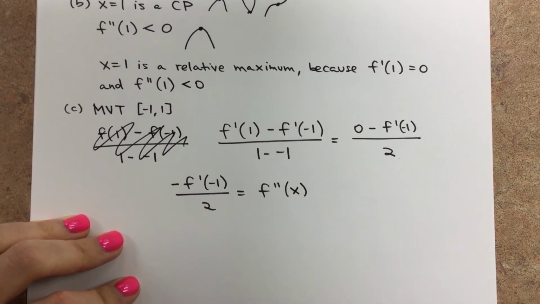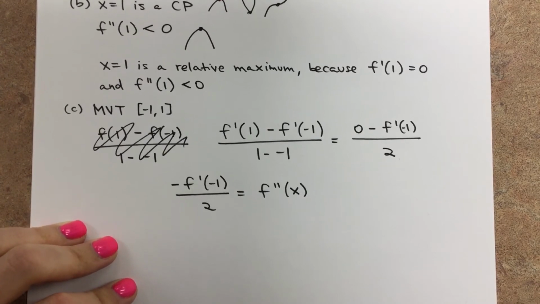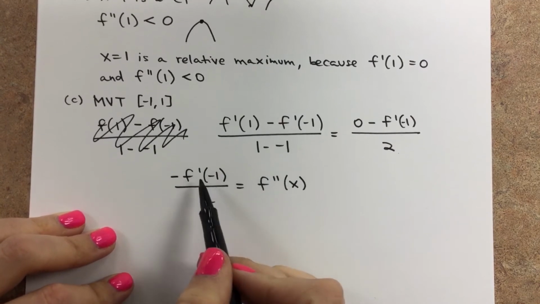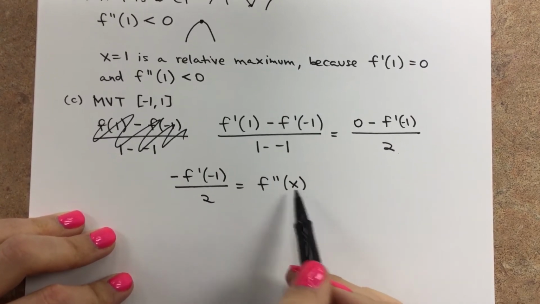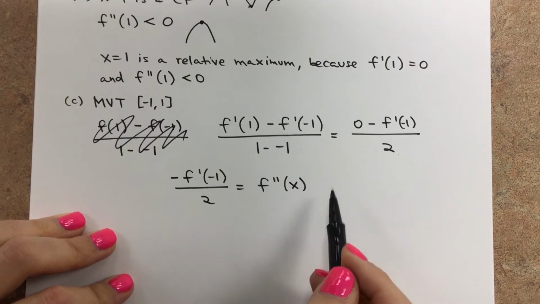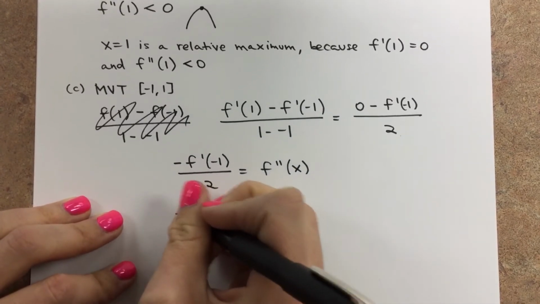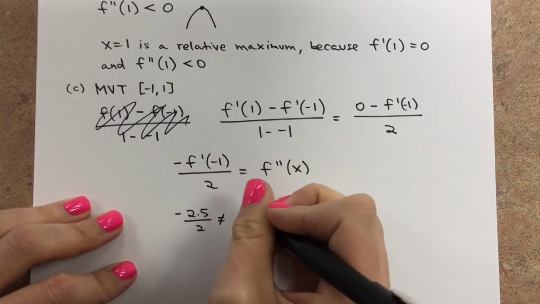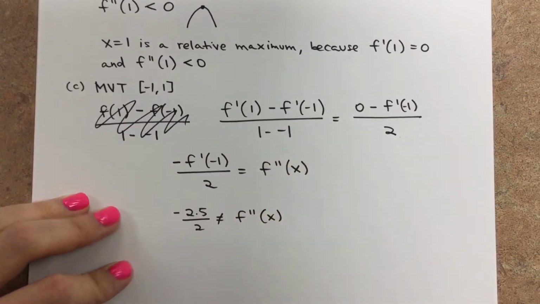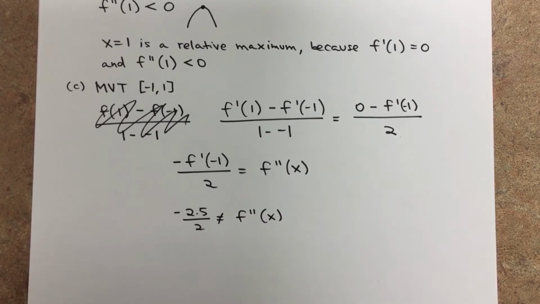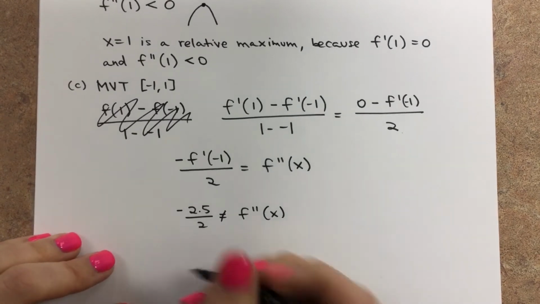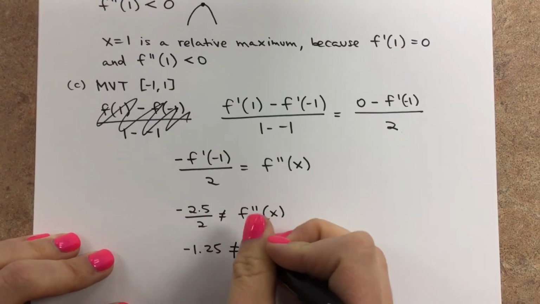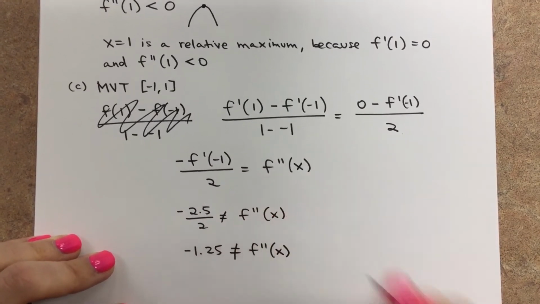Showing that f prime cannot equal 2.5 is the same as saying if we plug a 2.5 in here, it can't be any value of f double prime. We have negative, throw the 2.5 in here, divided by 2. We're saying that this just can't possibly work out, and the mean value theorem would show that it has to work out. This ends up being -1.25, which we are saying cannot possibly equal f double prime at any point.